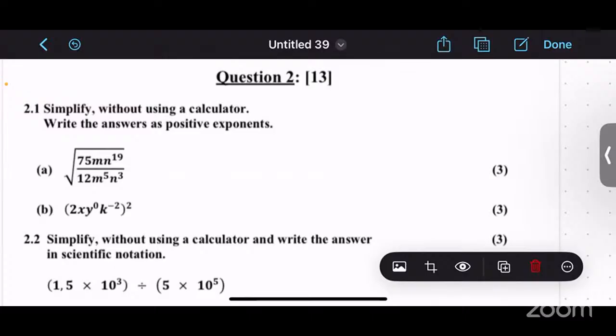Let's start with you, Zira. How would you simplify this? What's the first step? It's just 3 marks, so it should be easy to complete.